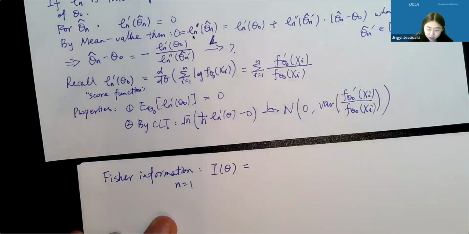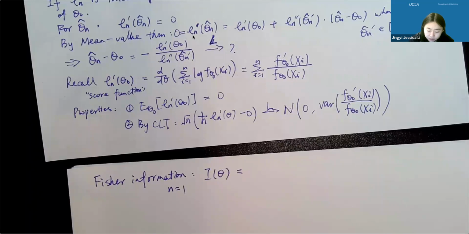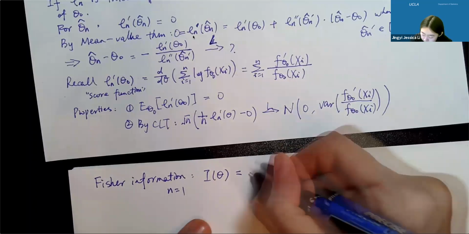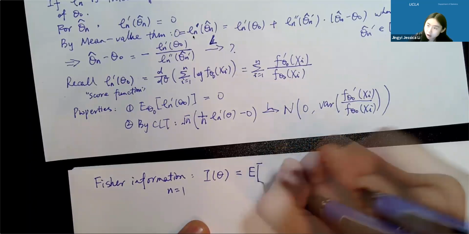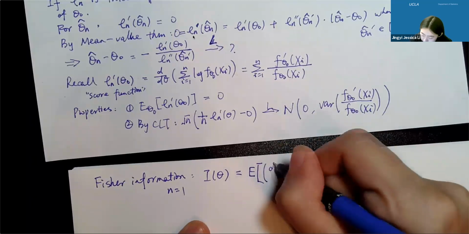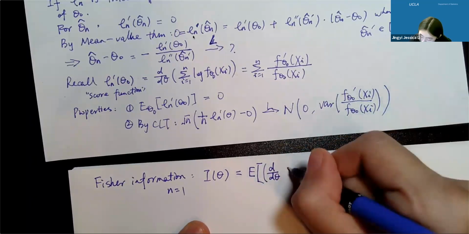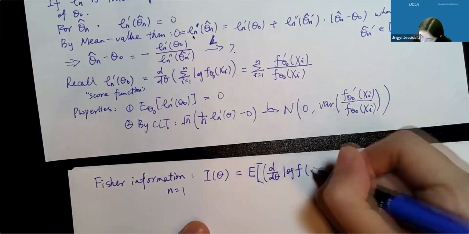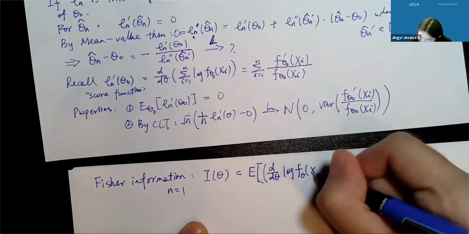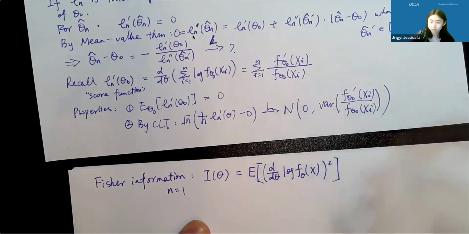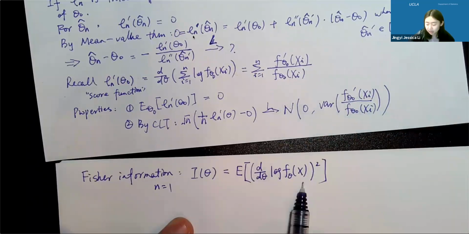Then the Fisher information can be shown as the expectation of the square of the derivative of the log density at this value theta of the random variable x. I take the differentiation and I square that.